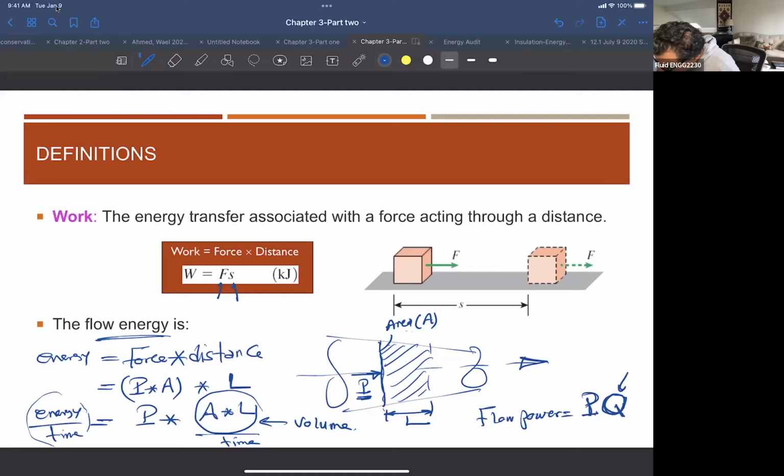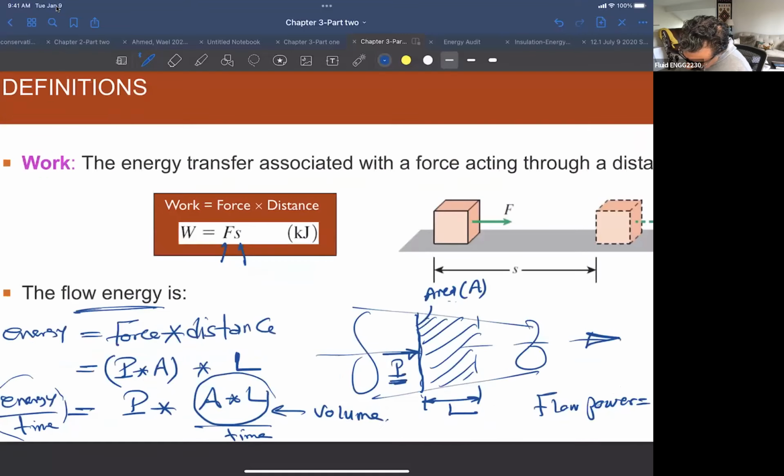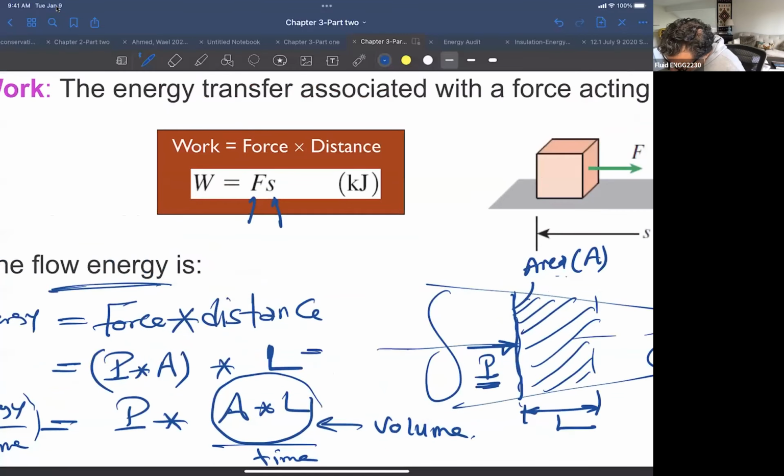So this is a volume per time, okay? So imagine now the flow energy is pressure times volume, okay? This is volume.